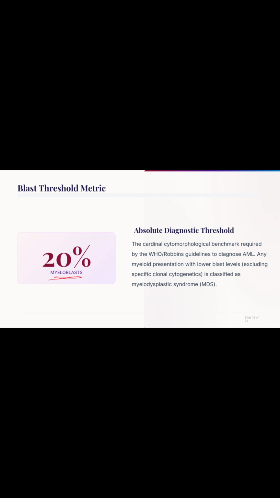Absolute diagnostic threshold: the cardinal cytomorphological benchmark required by the WHO or Robbins guidelines to diagnose AML. Any myeloid presentation with lower blast levels, excluding specific clonal cytogenetics, is classified as myelodysplastic syndrome.